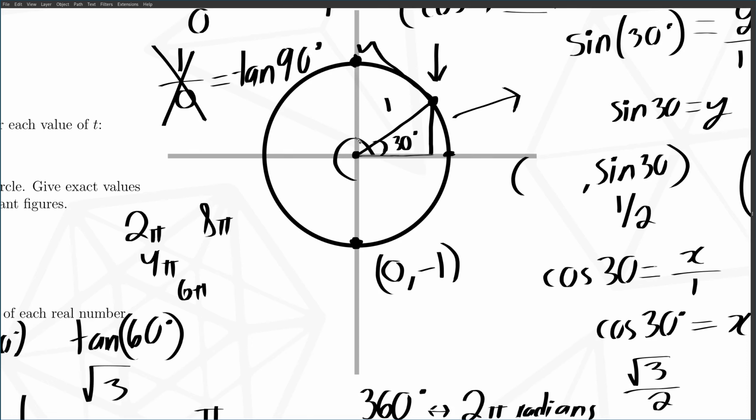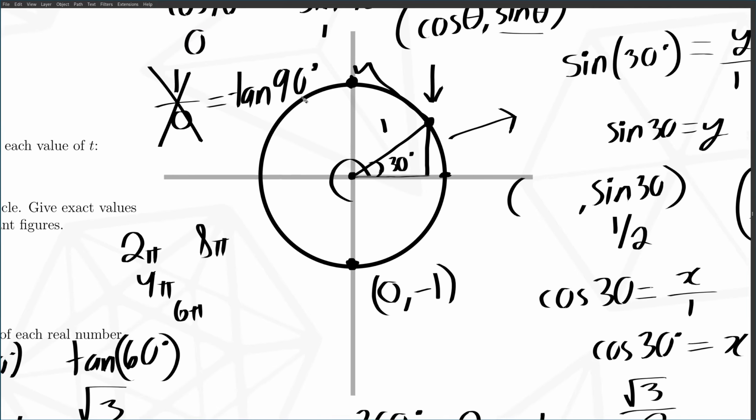So, for example, 2 pi, it's just like you did nothing. And if you go another 2 pi, it's like you did nothing, which is 4 pi. Go another 2 pi, it's like you did nothing. Another 6 pi, 8 pi, they all have no effect. That is called a period. How often it takes to repeat a value.